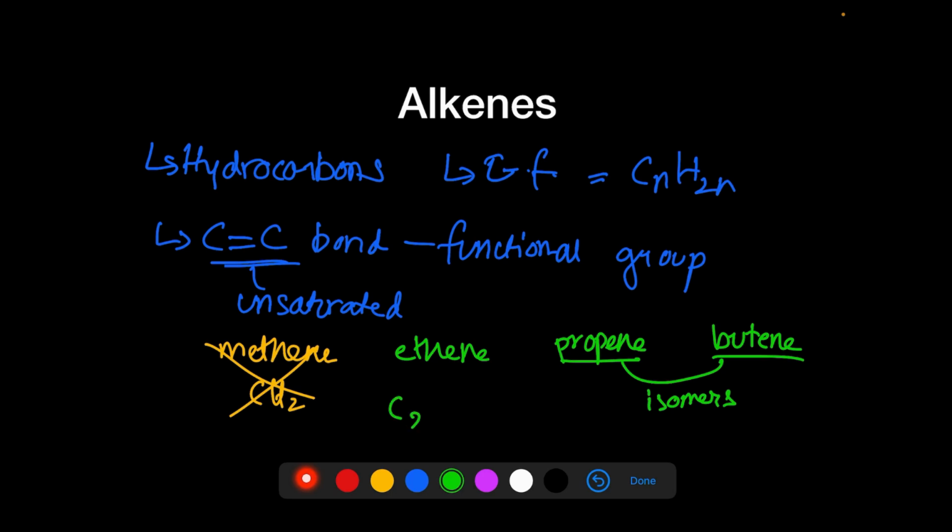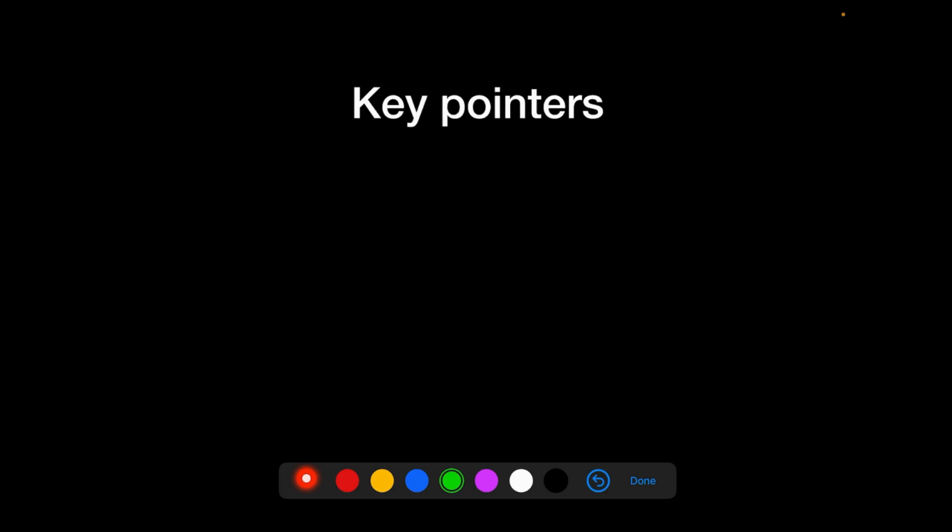So we have ethene, which is C2H4, propene, which is C3H6, using this general formula, and butene, which is C4H8. These are the molecular formulas. Some key pointers: they do not occur naturally in petroleum.